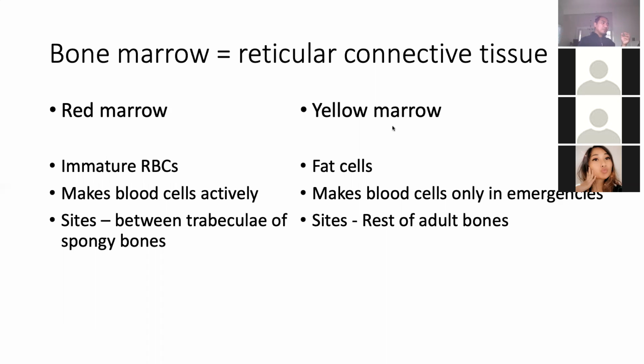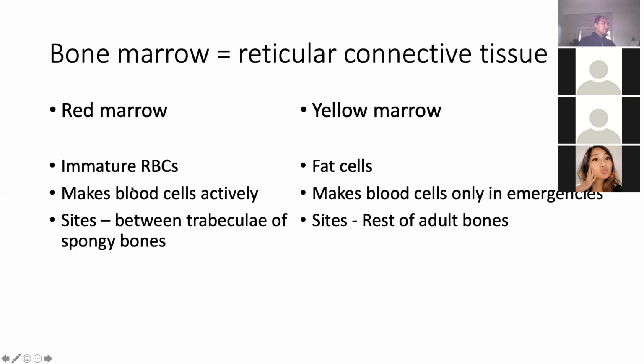There are more fat cells, and it makes blood cells only when there is an emergency. Our big femur, the diaphysis of the femur, is not making any blood cells anymore. It might be the sternum or the pelvic bone, which are flat bones.